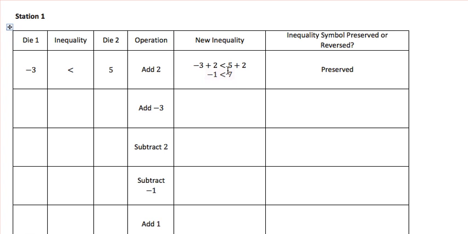If this is true, then we say that the inequality symbol was preserved. If for some reason this changes and it is no longer true, we will say that the inequality symbol was reversed, because we will have to change our symbol to make it true.